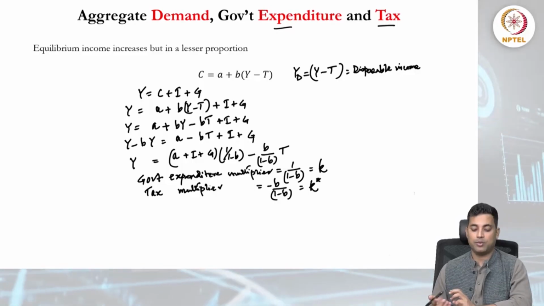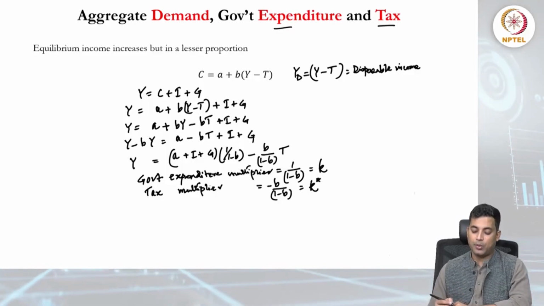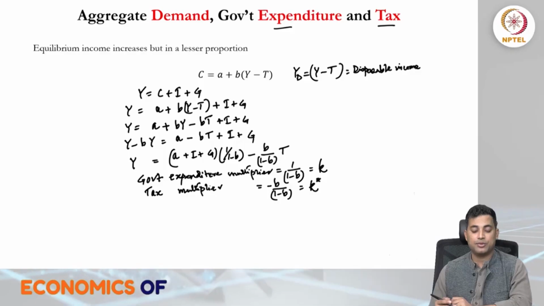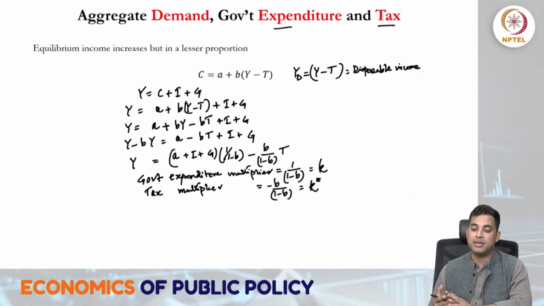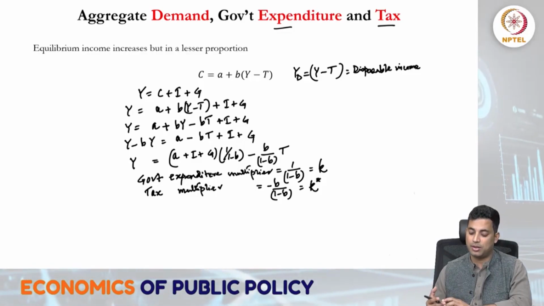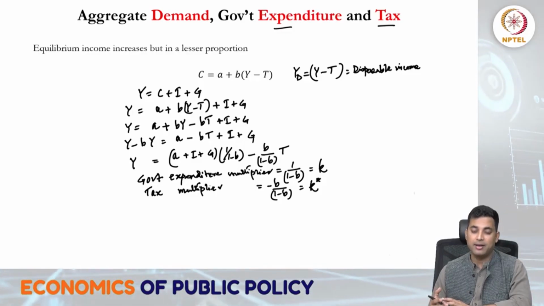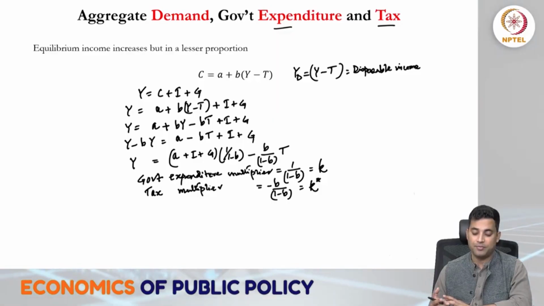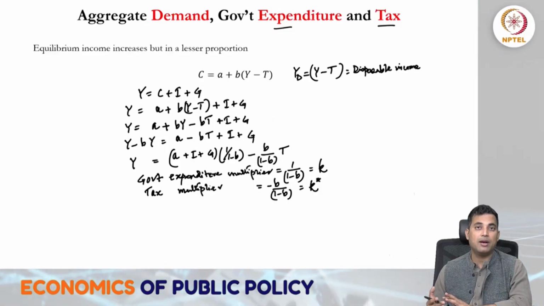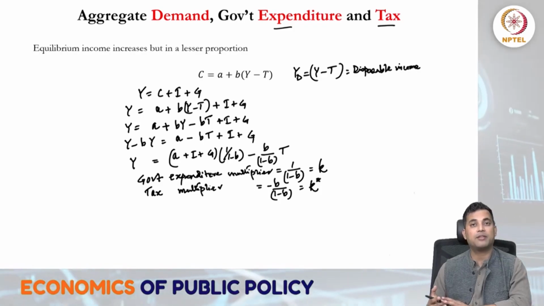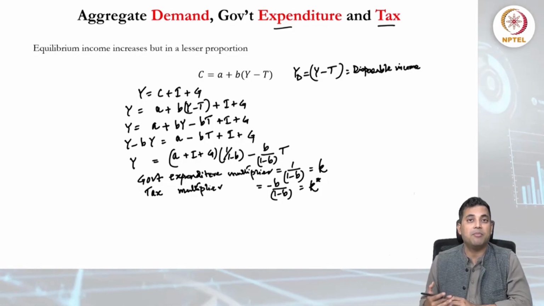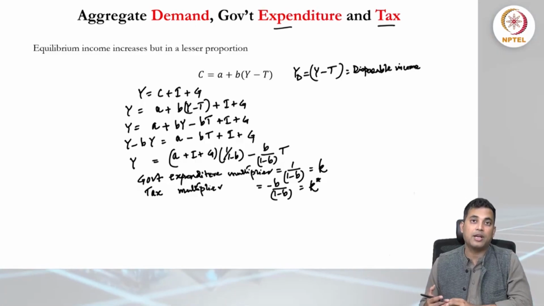So two points here. One is that with government expenditure the multiplier is positive, and with tax it is negative. So the tax will reduce output by k star times, while for government expenditure the impact will be k times.